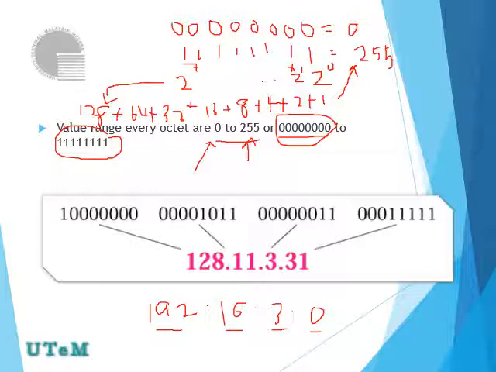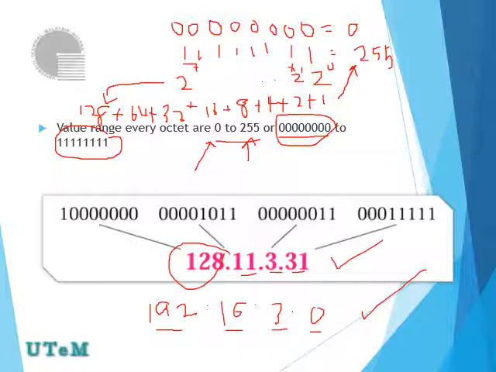If yes, then this is a valid address. Let's say you are given this one, 128.11.3.31. Check all decimal numbers. If they are within the range, then it is a valid IP address.